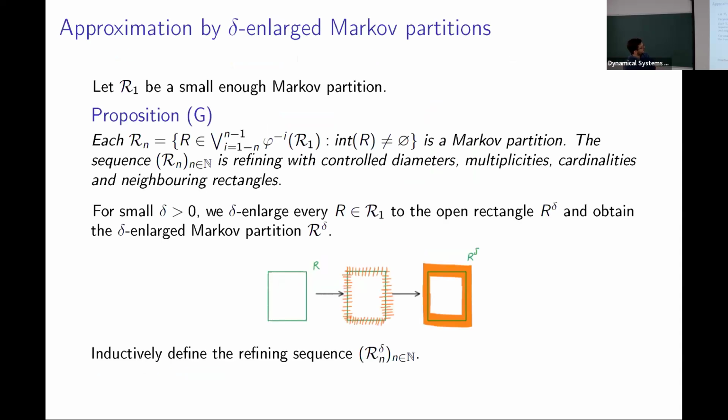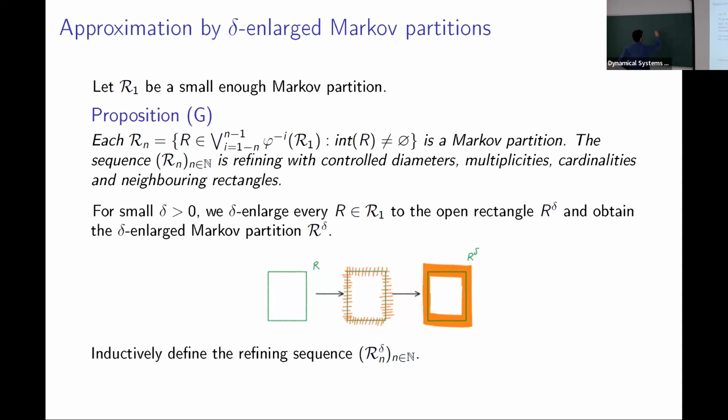Now, let's do some approximations by Markov partitions. What we want to show is that the Bowen measure is Ahlfors regular.